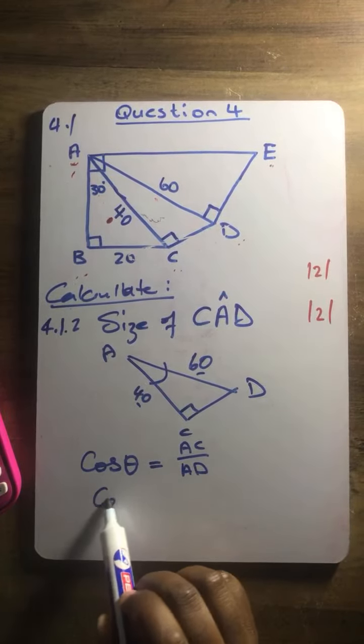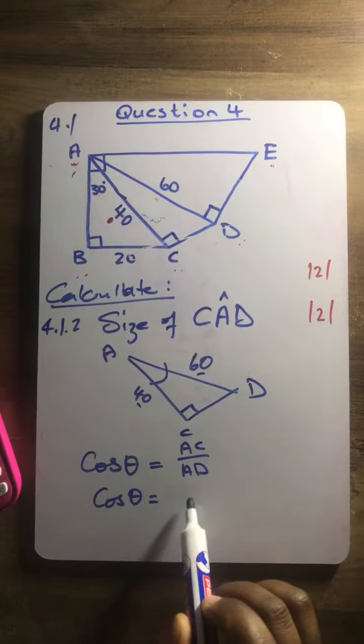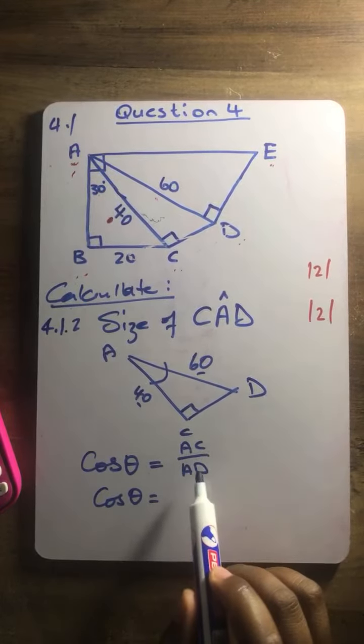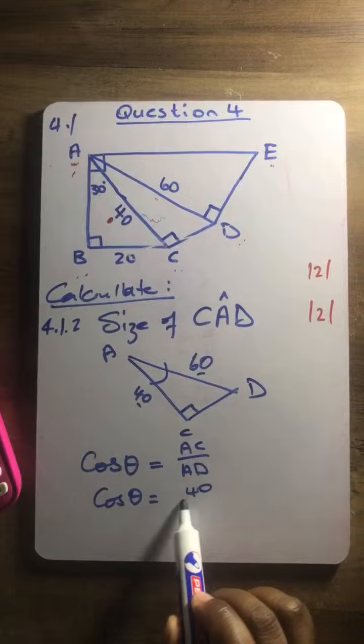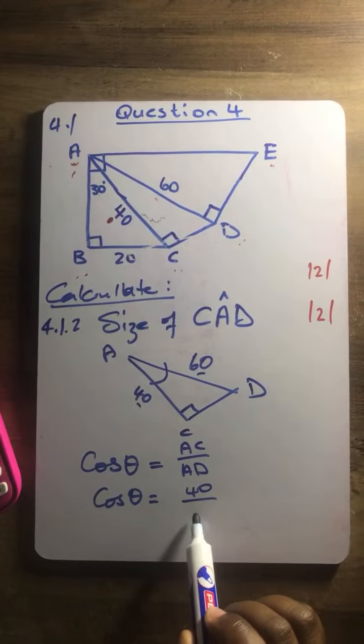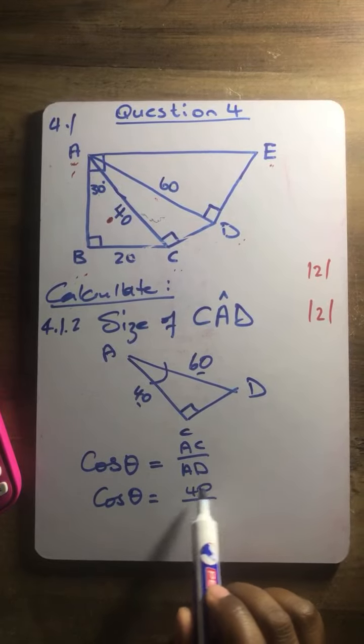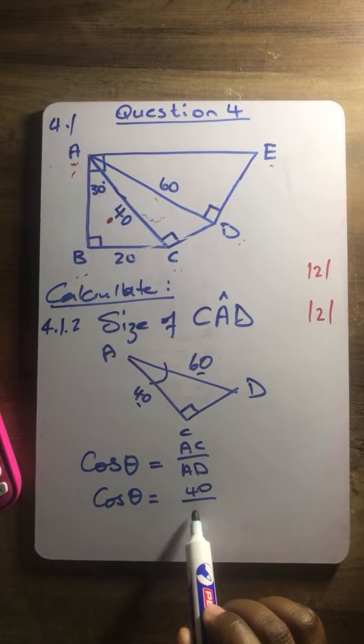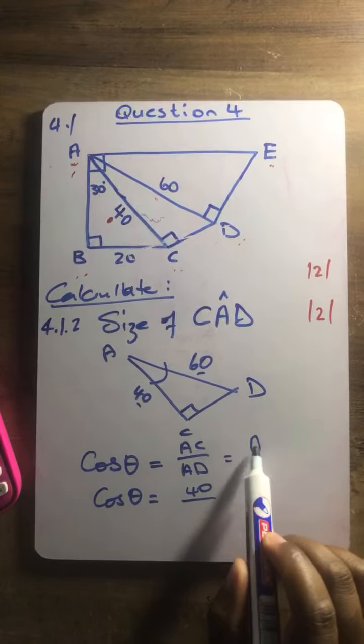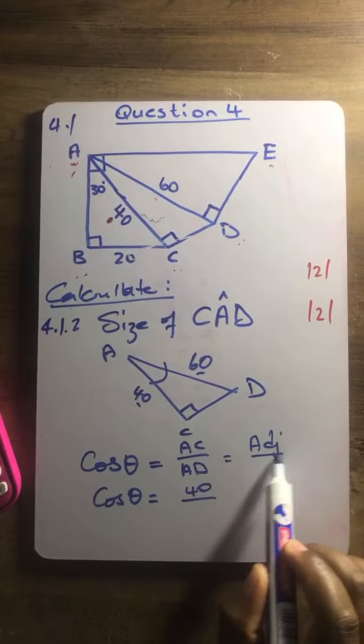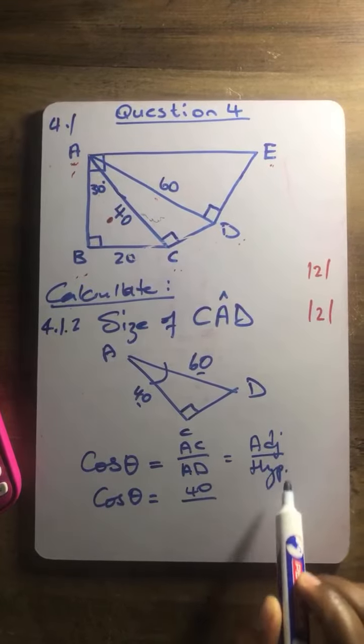So that would mean cos of an angle equals, AC being adjacent is 40. What is AD? AD, remember this is adjacent over hypotenuse.